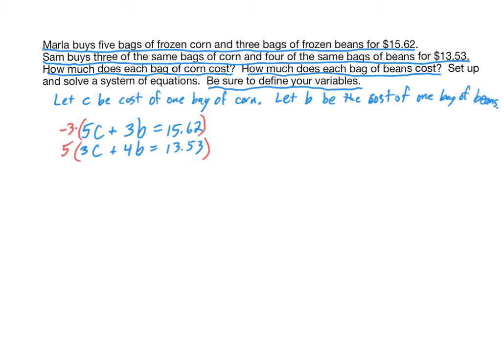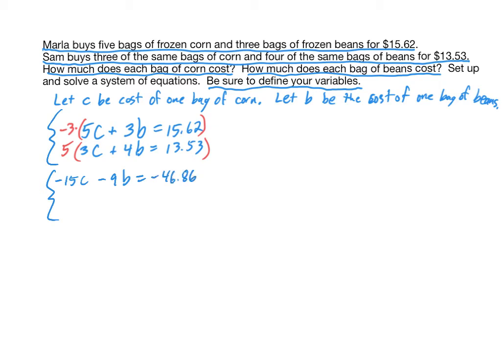So let's rewrite this new system now with the -3 multiplied into the top and the 5 multiplied into the bottom. Don't forget to multiply both sides of the equation by these. So -3 times 5C is -15C, and -3 times 3B is -9B, equals 15.62 times -3 is -46.86.